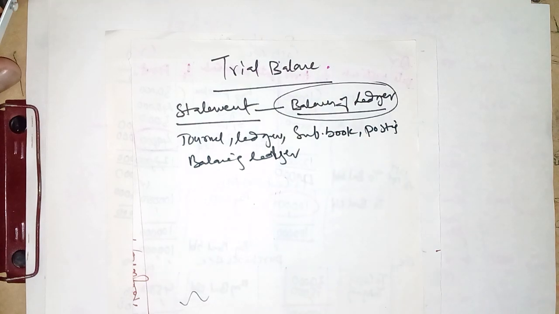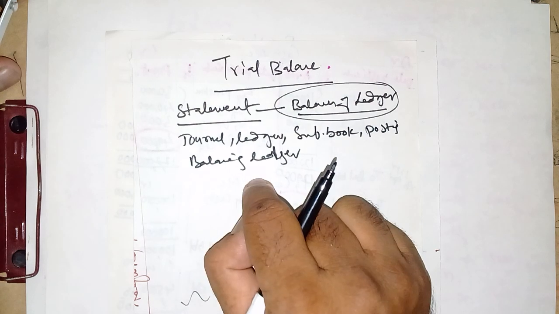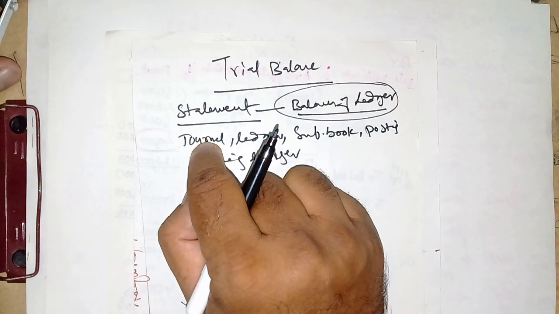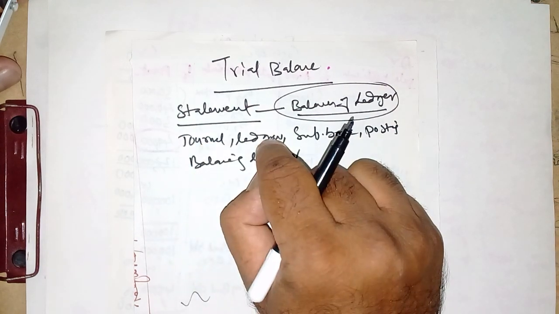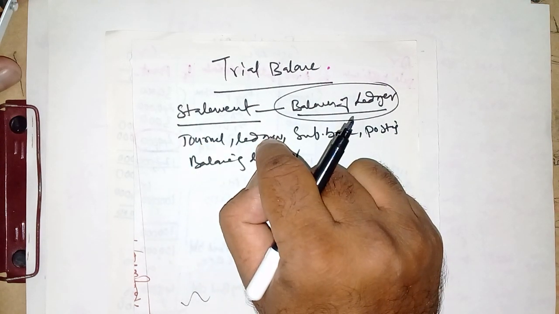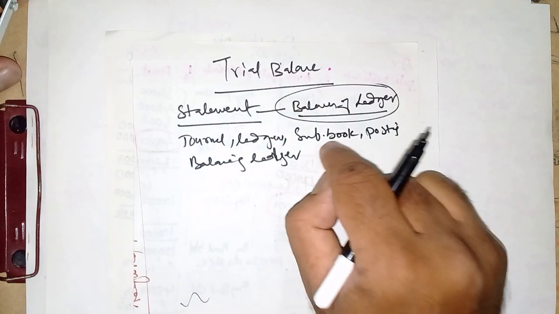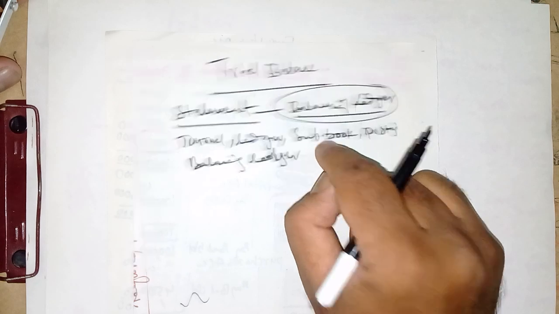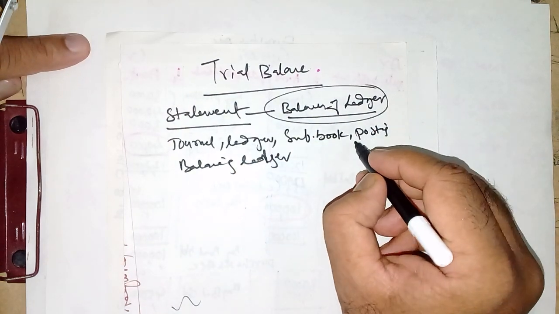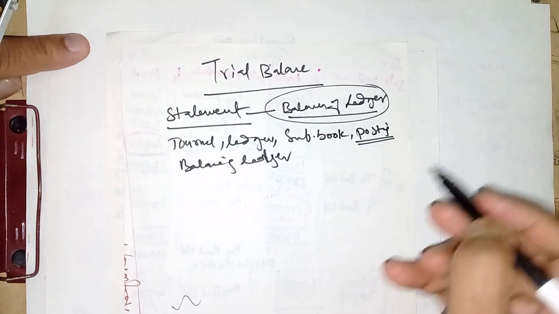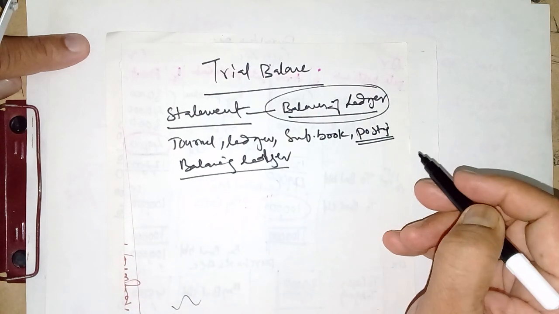In the sense that we started our accounting process with the help of journal. We passed the journal by using the most important concept called double entry. From there we posted into the ledger with the same concept of double entry, along with subsidiary books, and then balancing of the ledger.